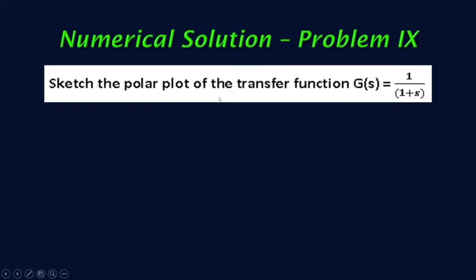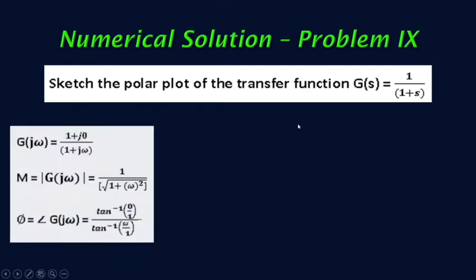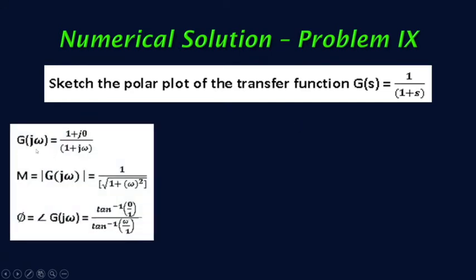Sketch the polar plot of the transfer function G(s) equal to 1 by 1 plus s. Put s equal to j omega, then we get 1 plus j0 divided by 1 plus j omega. Taking magnitude, the mod of this is 1 by root over 1 plus omega square.